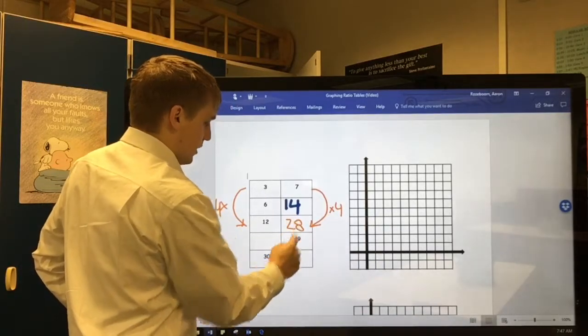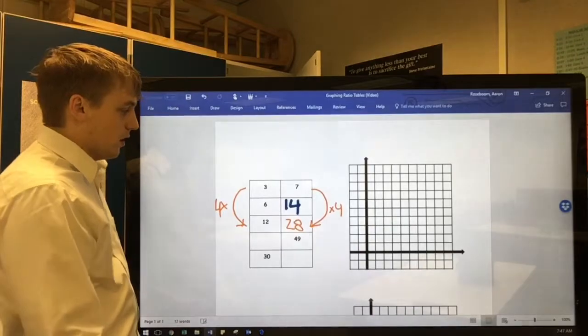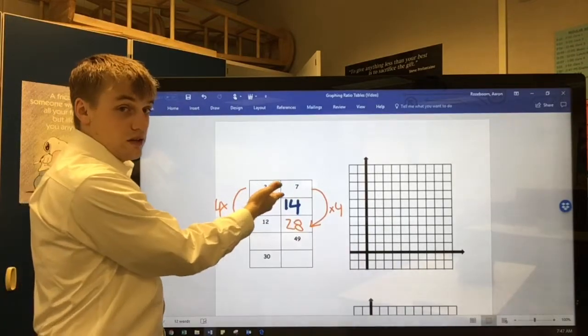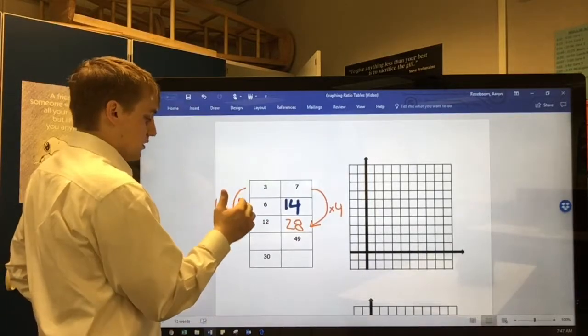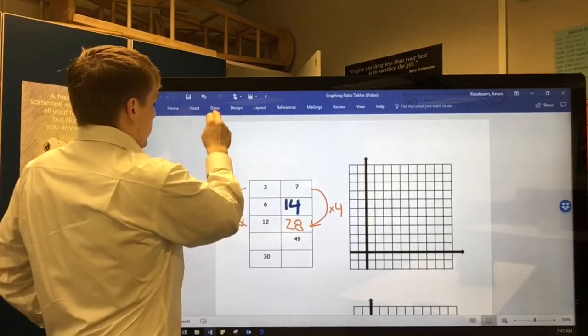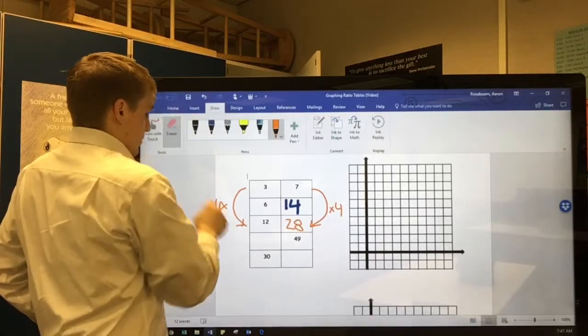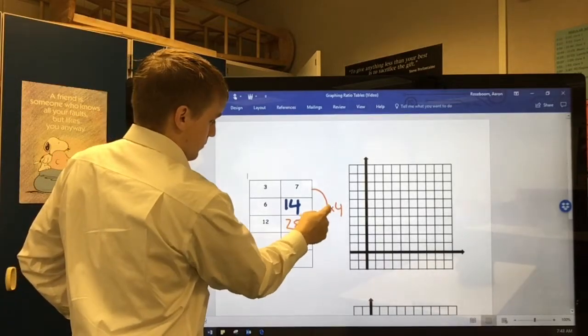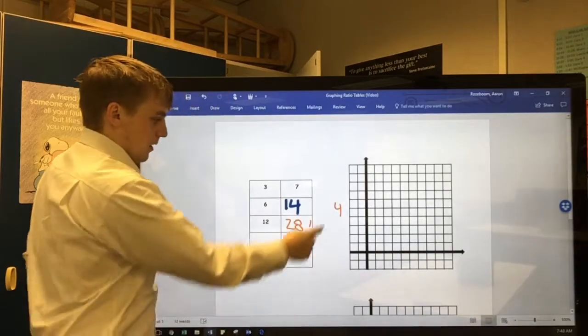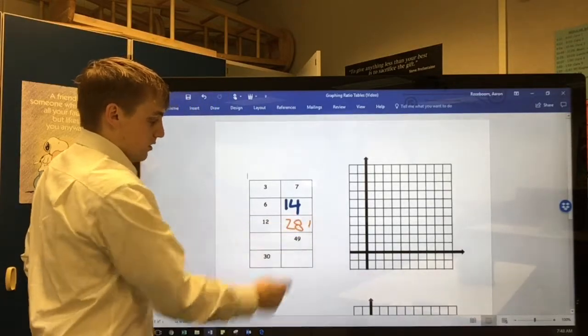So this is 28. Always use a row in the ratio table that's filled in. Let's erase that side part. Okay, so we have 14 and 28 in there now.